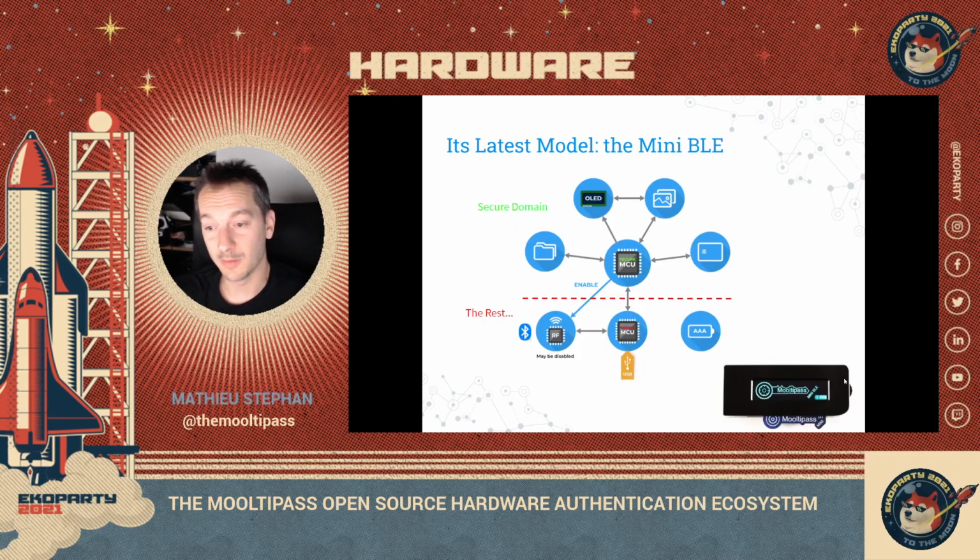The latest model, Multipass Mini BL, we went a bit bananas, we went a bit overboard. What I mean by that is that we actually have two physical microcontrollers on the device itself. We have one that is solely dedicated to communicating with the outside world. Bottom part of the screen here, you have the auxiliary or unsafe microcontroller that is dedicated to communicating using USB or Bluetooth.